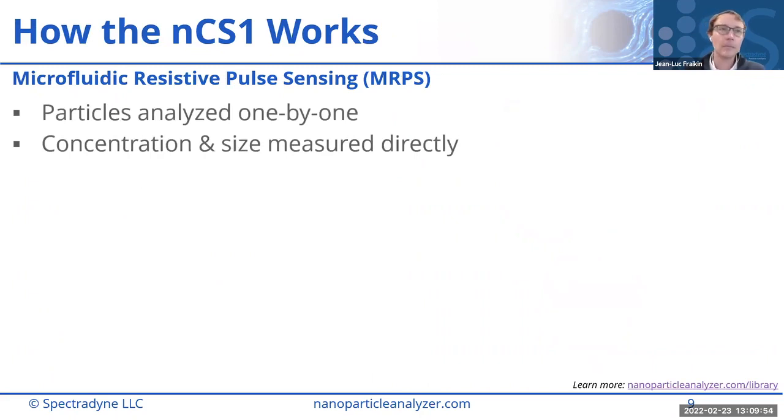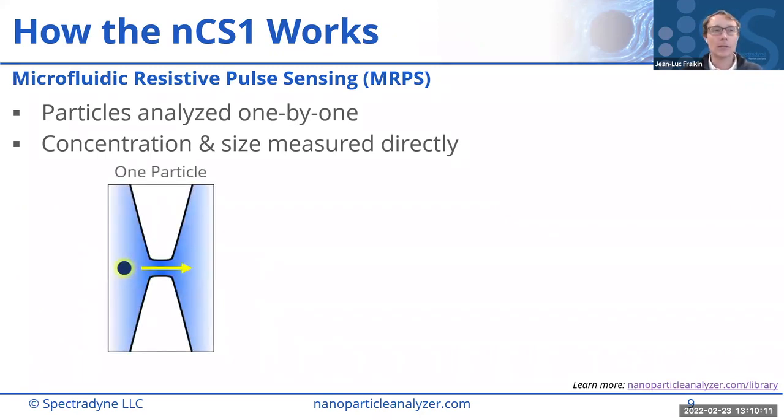So let's talk about how it works so we can compare it to the other technologies a little bit later. Microfluidic resistive pulse sensing, as I mentioned, is based on the Coulter principle. Particles are analyzed one by one, and the concentration and size are measured in about the most direct way that you can currently on the market. The way this works is we flow the sample through a very small opening, an aperture or a constriction.